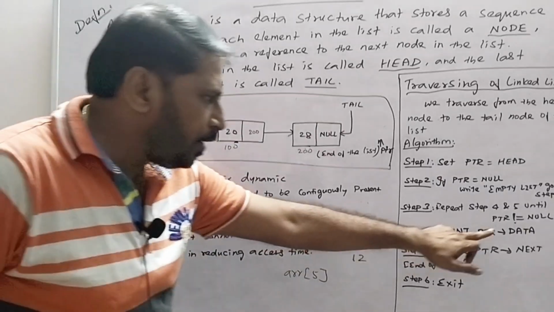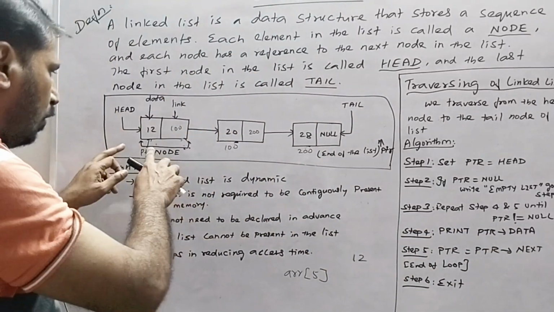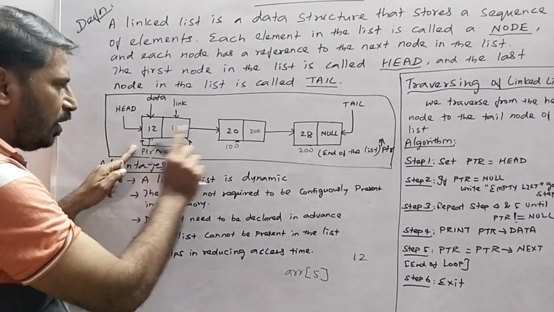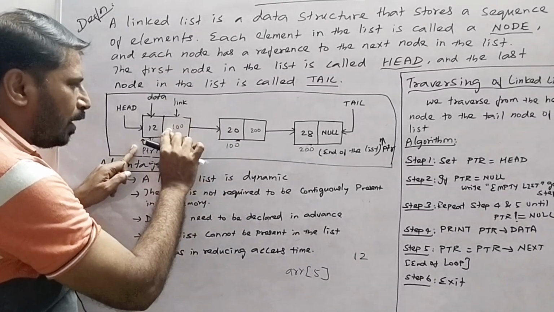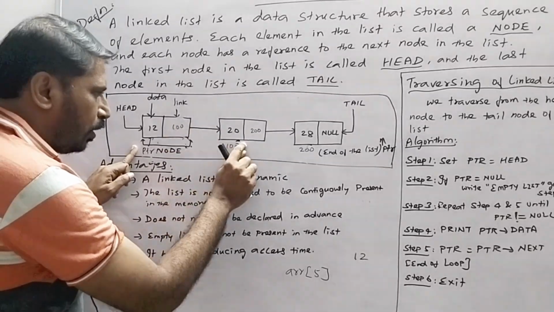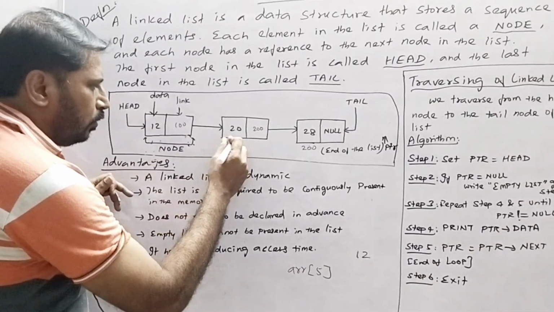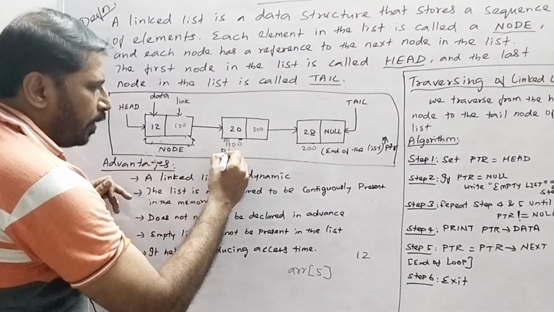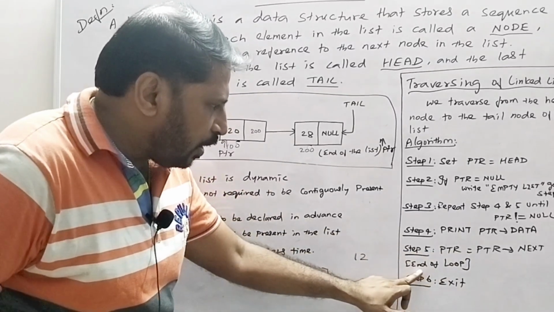Then pointer equal to pointer next. How do we move the pointer from here to here? We go to the link part, where the second node's address is given, so I take this address and go there. Now the pointer has moved from here to here. This is the end of the loop.